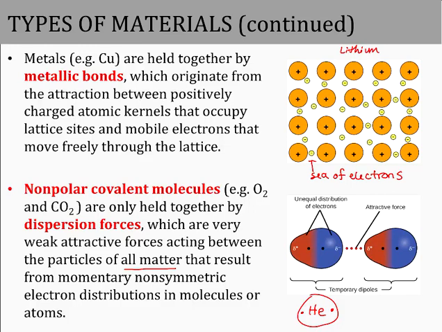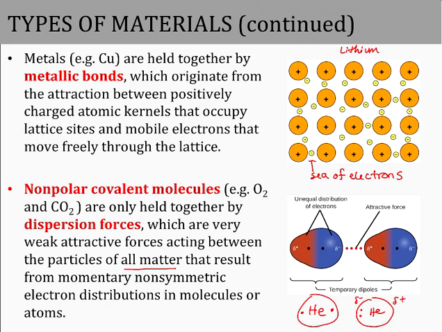But what if, for a brief moment in time, those 2 electrons are on one side of the atom? That's going to create a partial negative side of the atom and a partial positive side on the other side of the atom. So what we get is what's called a temporary dipole or a dispersion force.